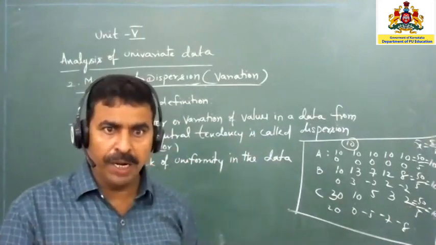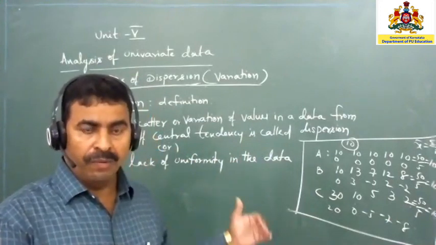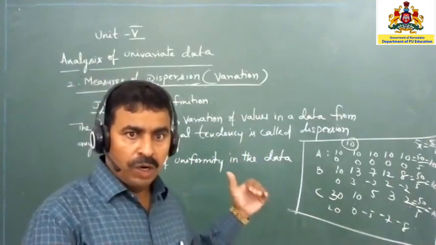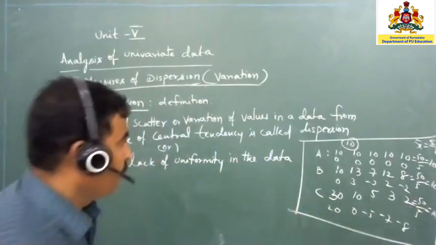Here I have taken the mean; you can take median, mode, or any other average. It is the definition. So here we need a measure for making comparison between two or more data. Then what are the objectives?